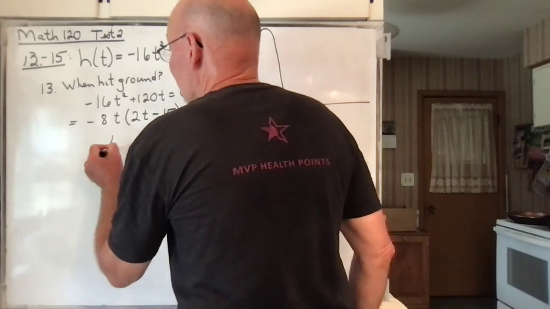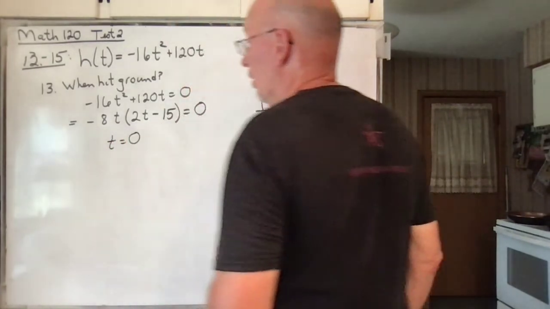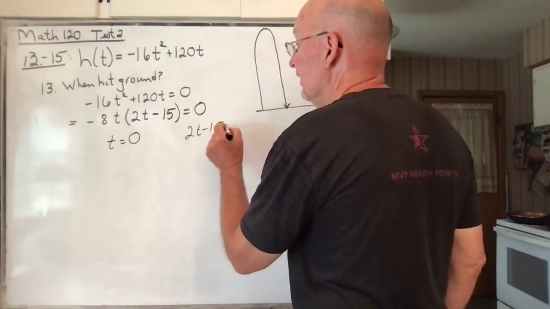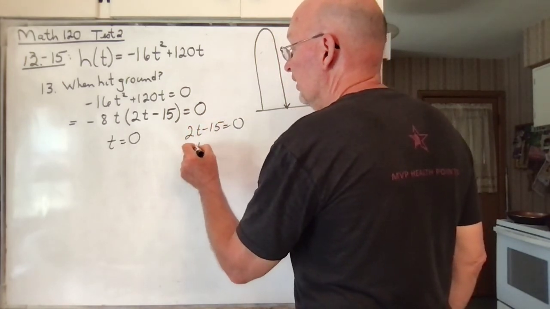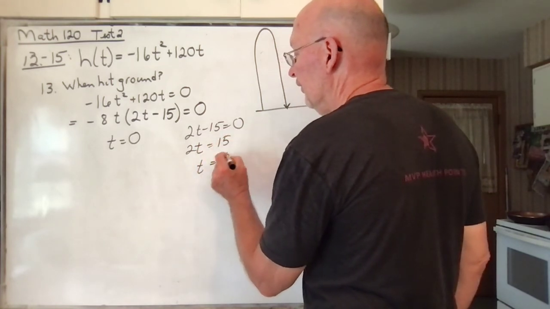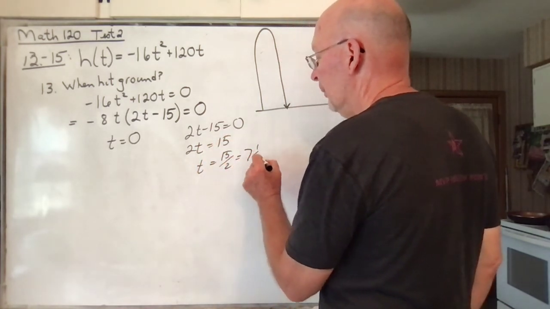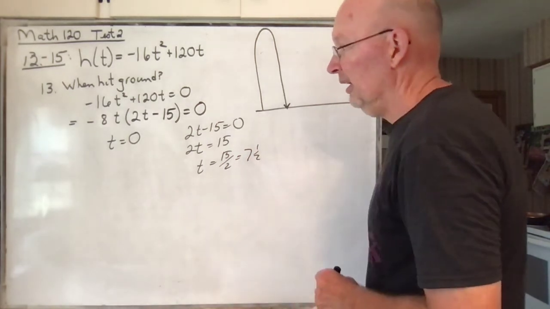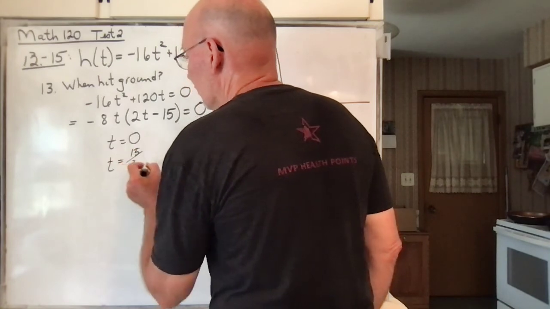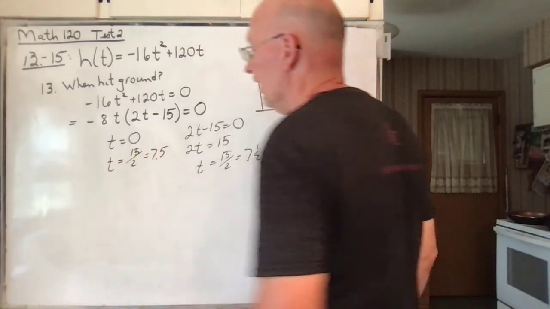It'll be 0 when t is equal to 0, or when 2t minus 15 is equal to 0, which means 2t is equal to 15, which means t is equal to 15 halves, which is the same as 7.5 seconds.